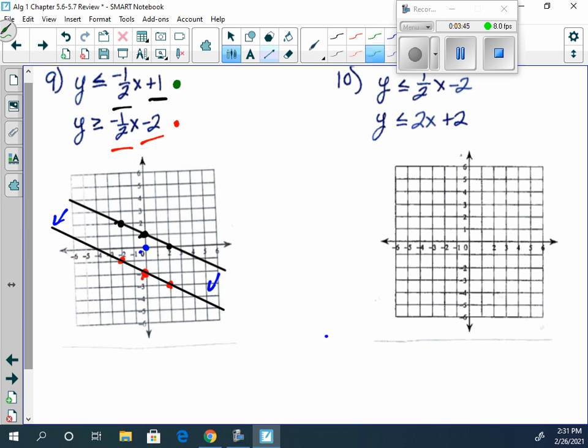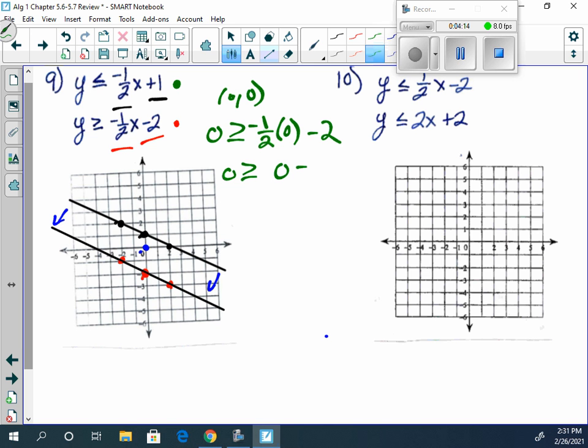Now we just need to figure out which direction we are shading. Again, we can check the point 0, 0. Is 0 greater than or equal to negative 1/2 times 0 minus 2? I was looking at the first equation again.